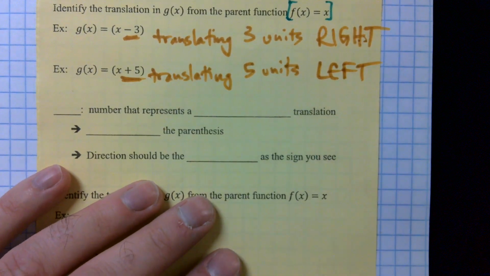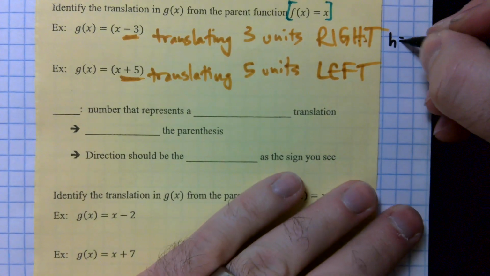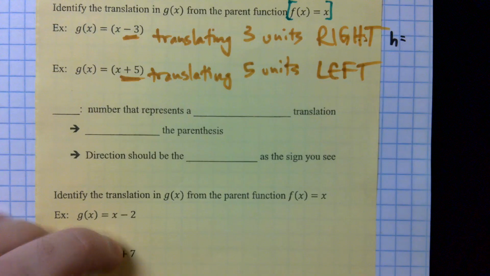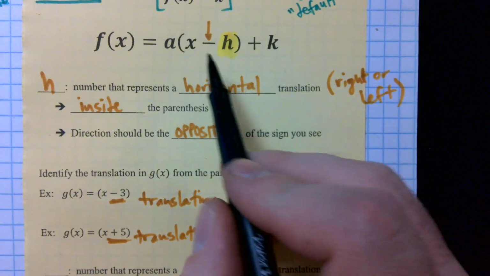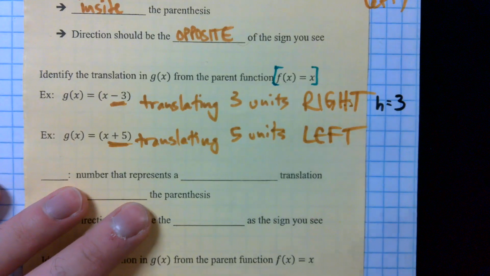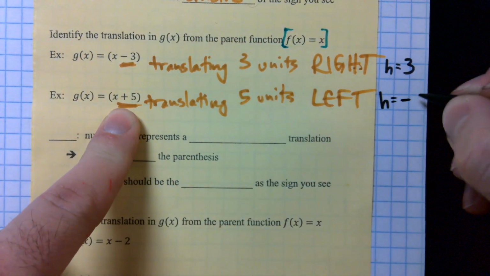Because in this first example, what is my h value equal to? 3. If it's x minus h, and now it's x minus 3, what is h? 3. But for me to turn x minus h into x plus 5, what would my h have to be?